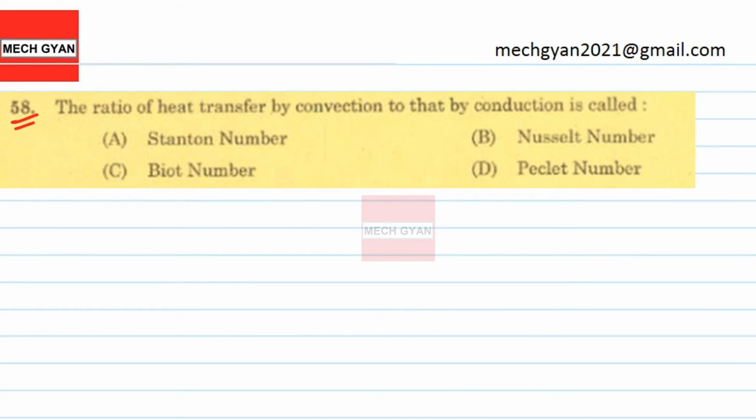So question number 58. The ratio of heat transfer by convection to that of conduction is called. So answer is option B, Nusselt number is the right answer.